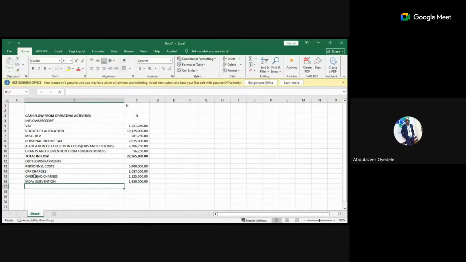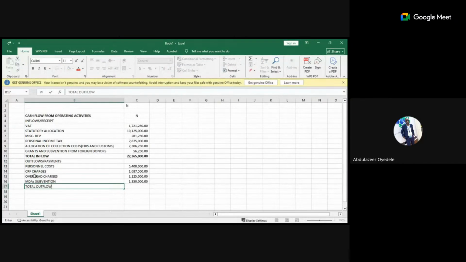Okay, thank you. Then sale of government properties is investing, loans repayments. So I think that's the last item of payment that relates to operating activities on that list.